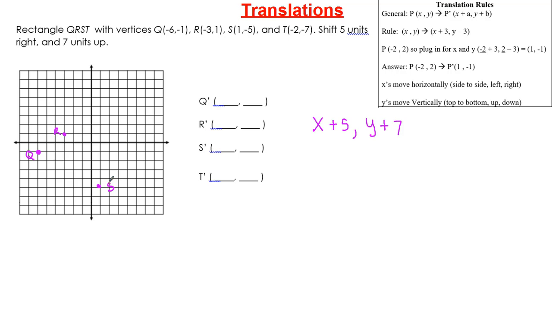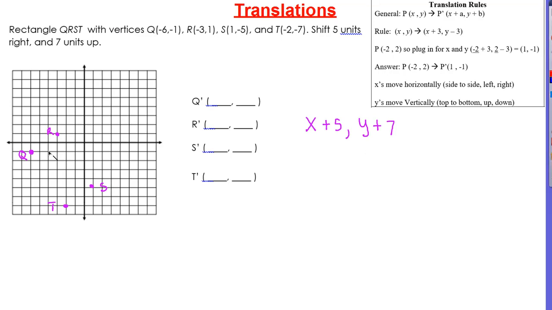So this is going to be S, and then T is -2, -7. Alright, so as you can see over here, I have kind of a rectangle. I'm just going to go ahead and connect these dots so that y'all could clearly see what's going on.